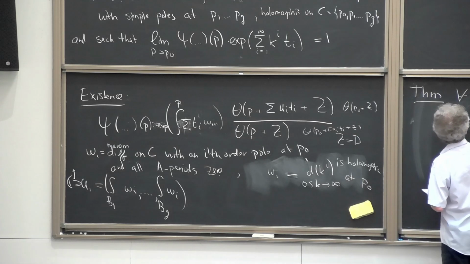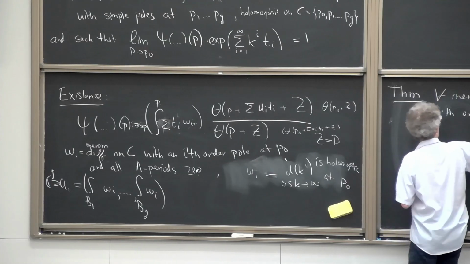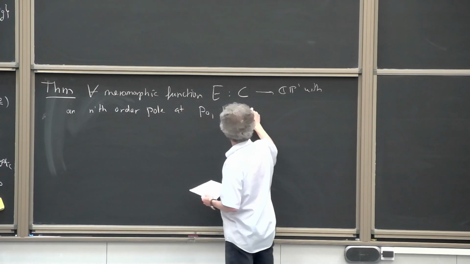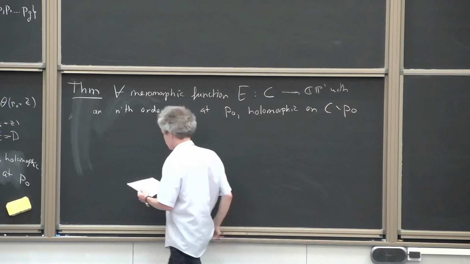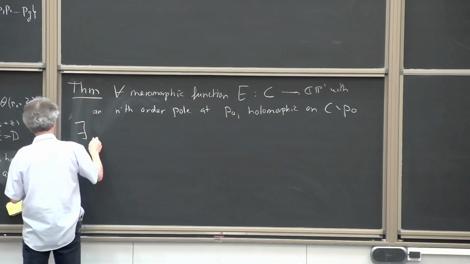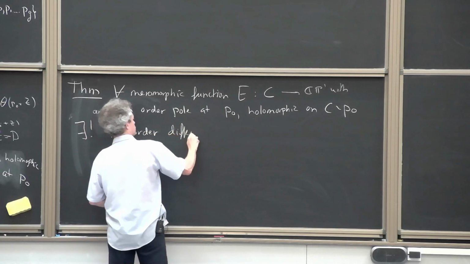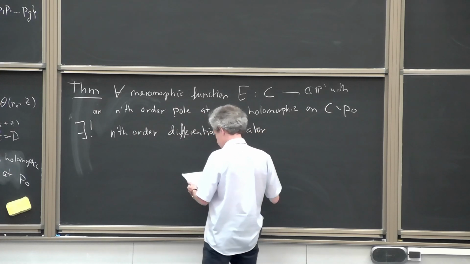For any meromorphic function E on my curve C to P1 with an nth order pole at P naught and holomorphic elsewhere, there exists a unique nth order differential operator of the kind we like.